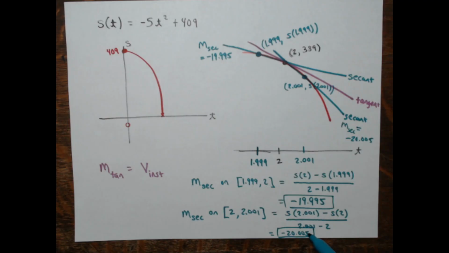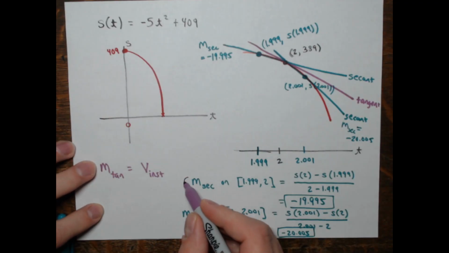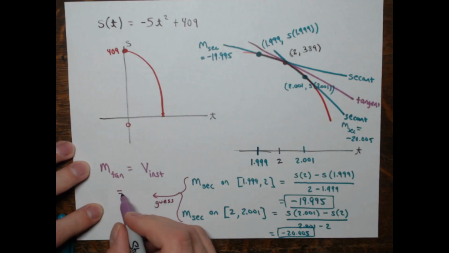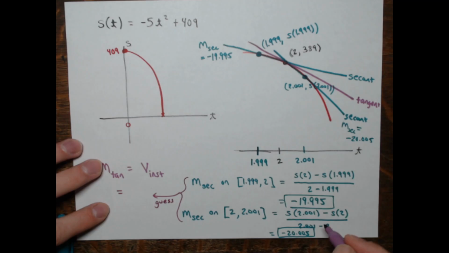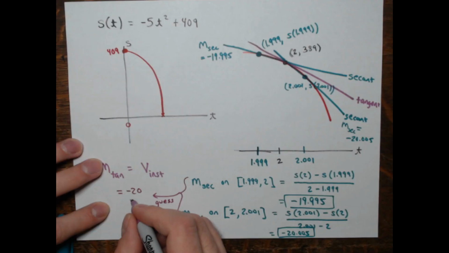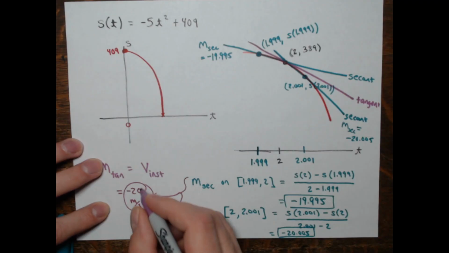And they're saying round to the nearest whole number, the nearest integer. So from these, I would guess that the slope of the tangent line, the instantaneous velocity, is about negative 20. All right, that's between those. And of course, this would be meters per second.